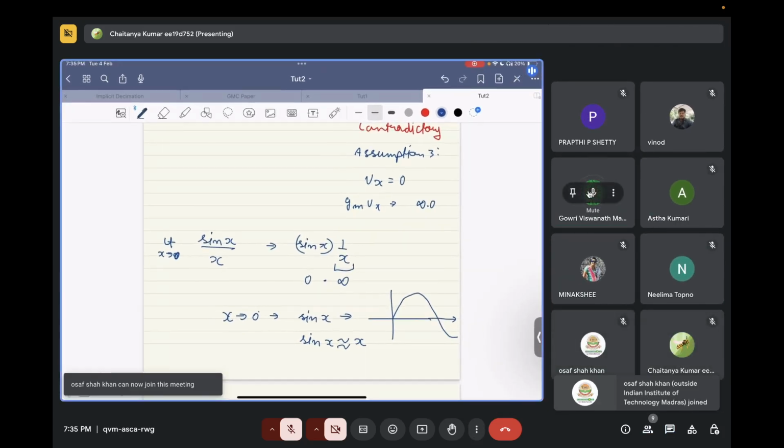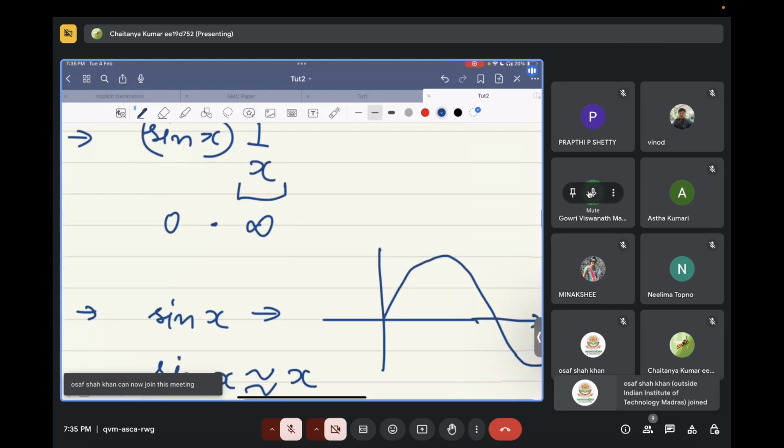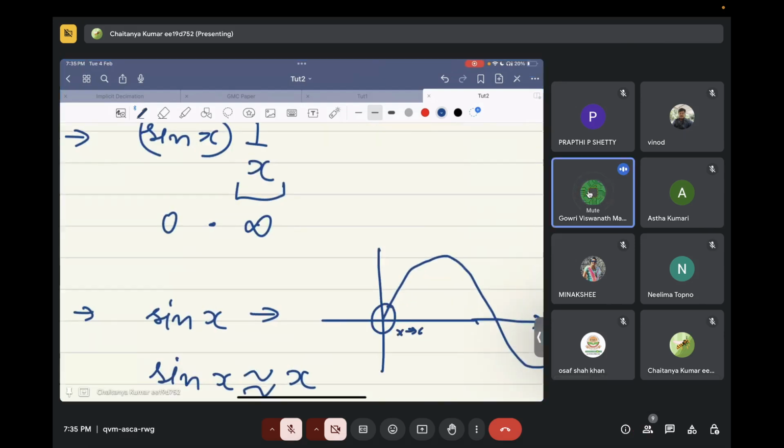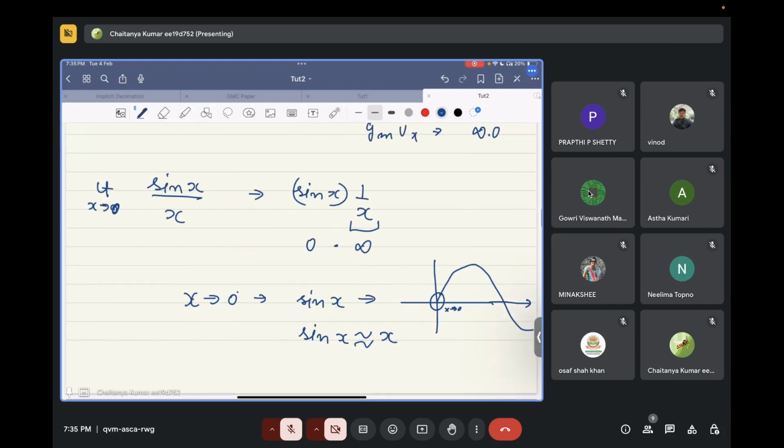If you zoom in around where x is tending to 0, it will almost be like a straight line, y is equal to x kind of line. So basically sin x will be approximately equal to x.